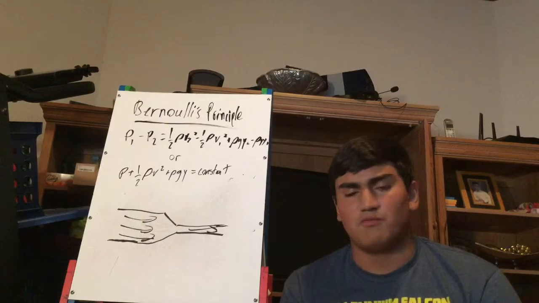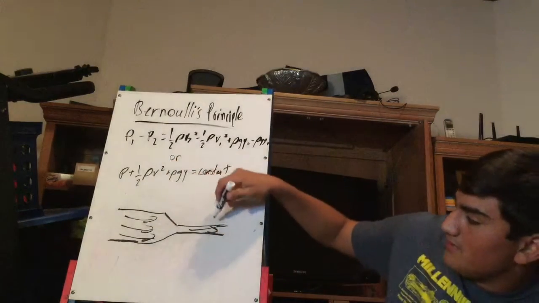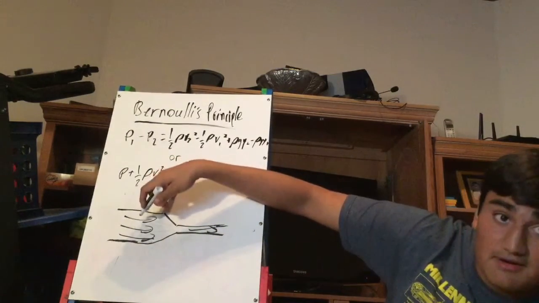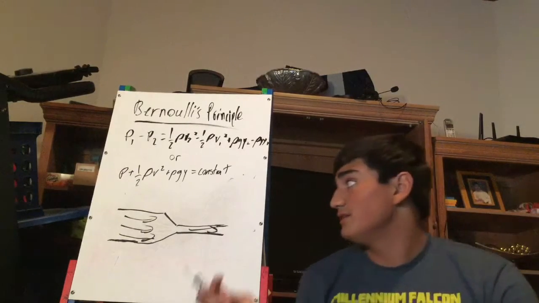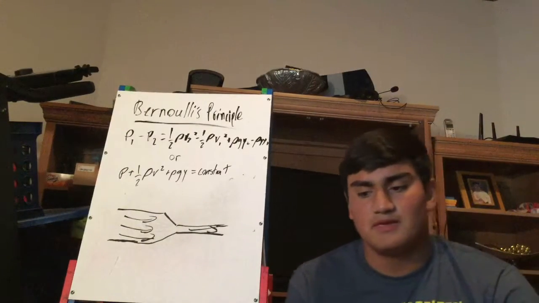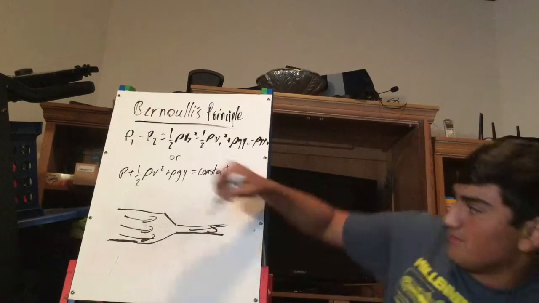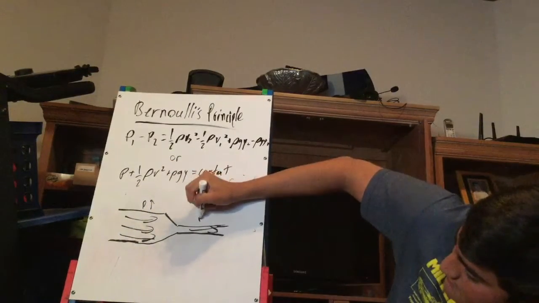So to explain why this is, the fluid here is moving 10 times faster than the fluid here to accommodate for the change in the size of the pipe. The actual acceleration of the fluid, however, is due to the fact that the pressure here is higher than the pressure here.